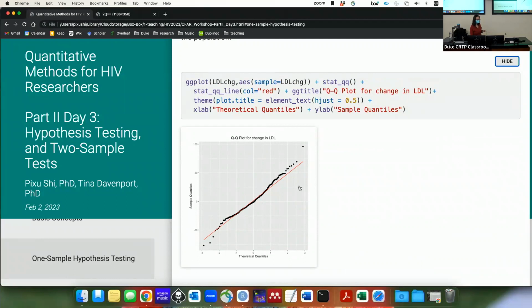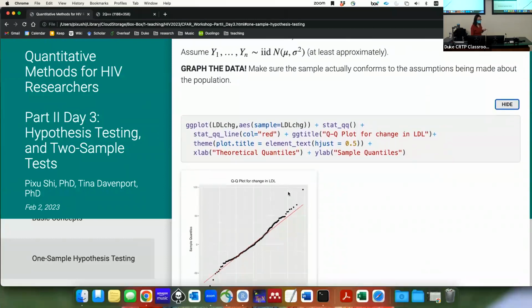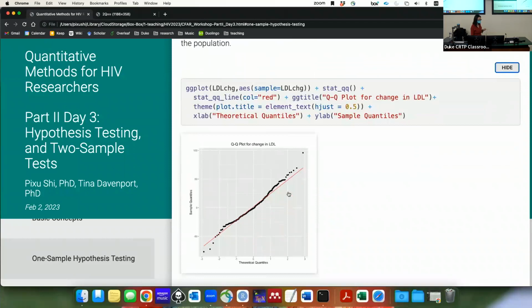And you also sometimes forget about the sample size when you just look at the test. By looking at the QQ plot, you will know if it's caused by a few data points or it's just a small sample size. Or by looking at the QQ plot, you may also come up with a good transformation of the data so that after transformation, your data will be more normal-like. So I prefer normal QQ plot to check the normality.